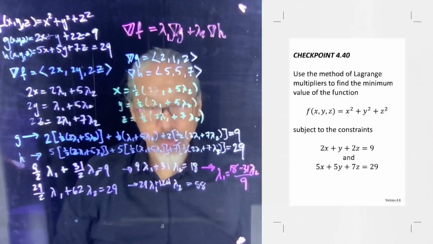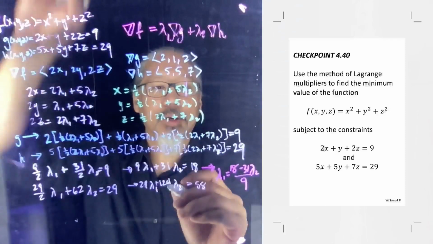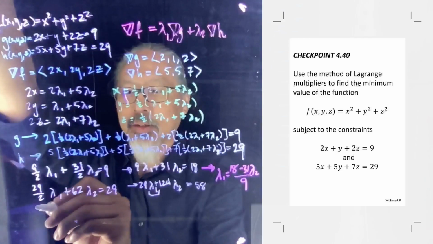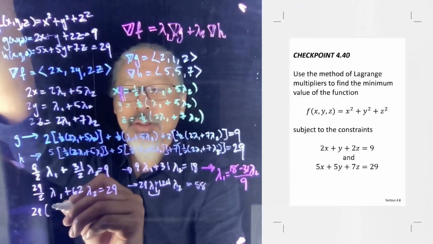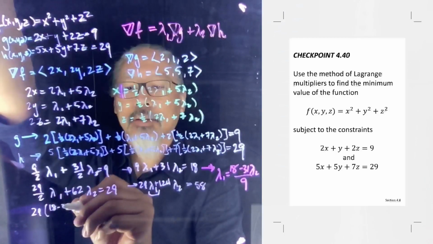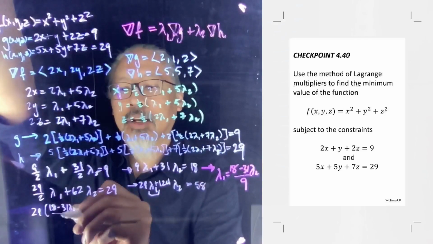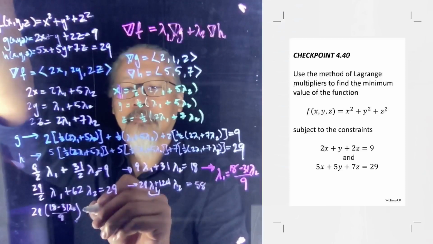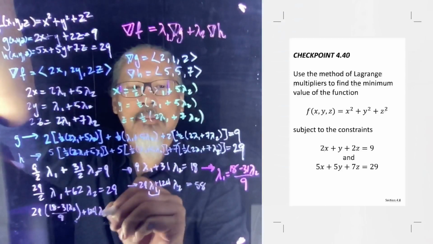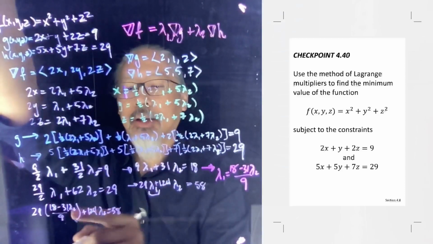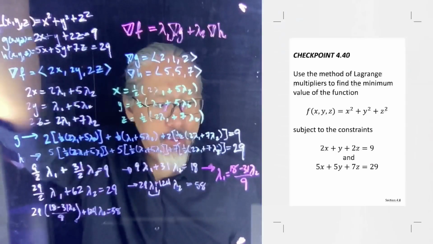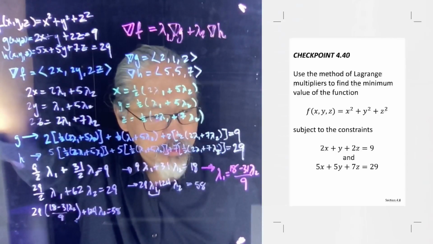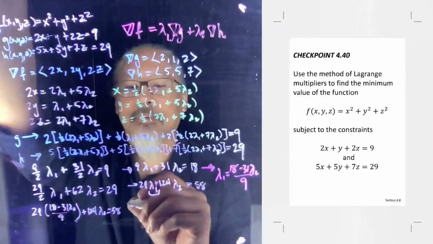And let's stick that into this equation here, and we will get 29 times that stuff that we just got, 18 minus 31 lambda 2 over 9, plus 124 lambda 2 equals 58, and then solve for lambda 2. I think I ended up getting lambda 2 equals 0.